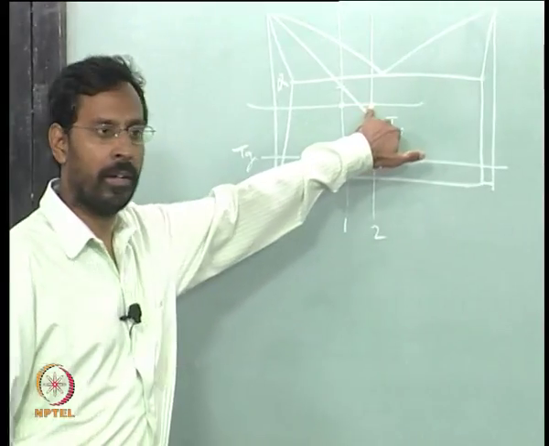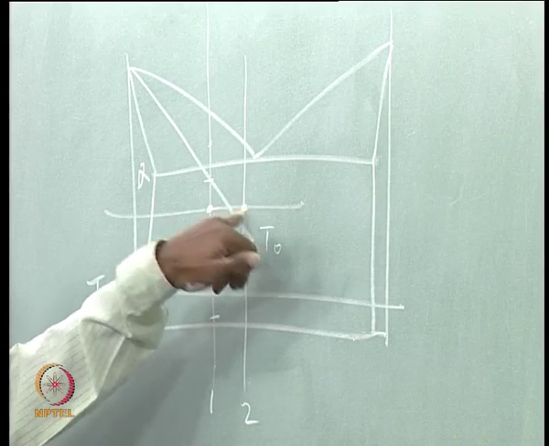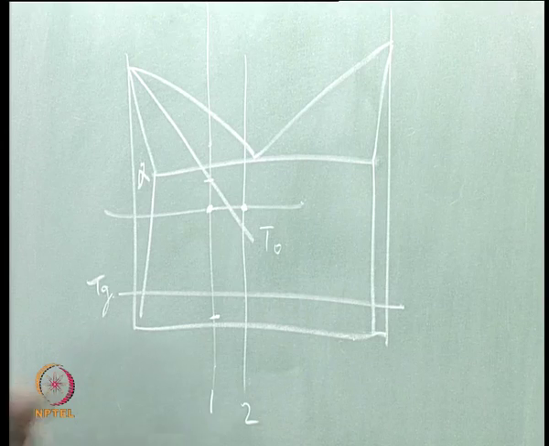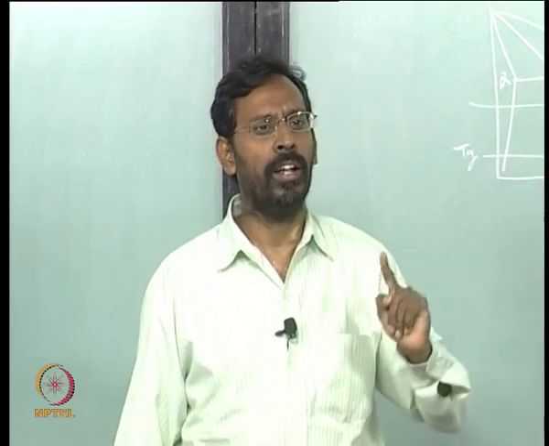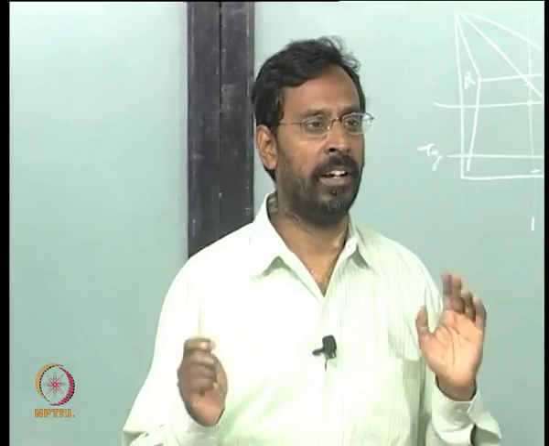It has no driving force for partitionless solidification, and at the same time it is at a temperature where the liquid is not supposed to be stable, because we have brought it to this temperature. At this temperature liquid cannot remain as liquid. At the same time it is also above the Tg. So, liquid has only one solution, that it has to become a solid by partitioning.